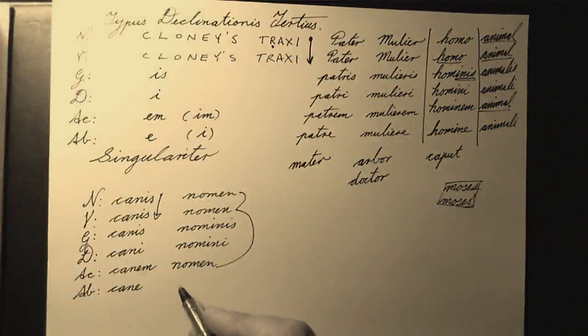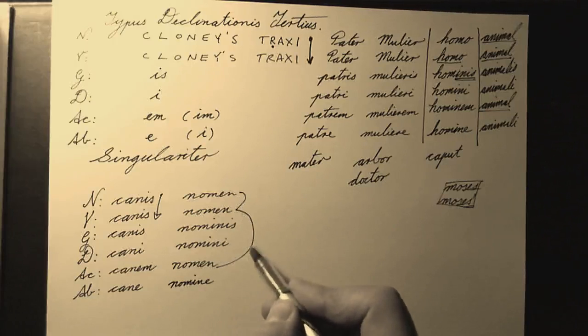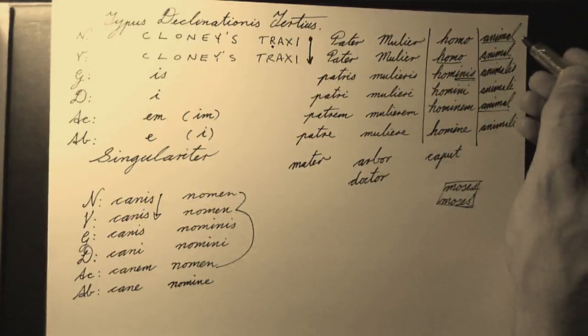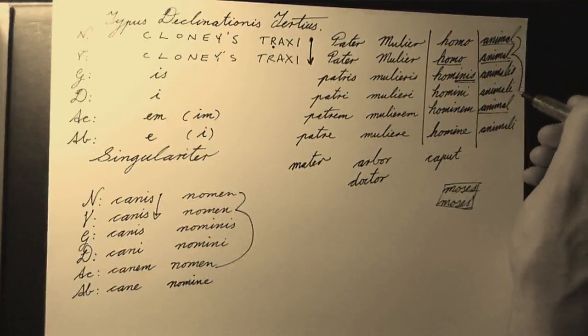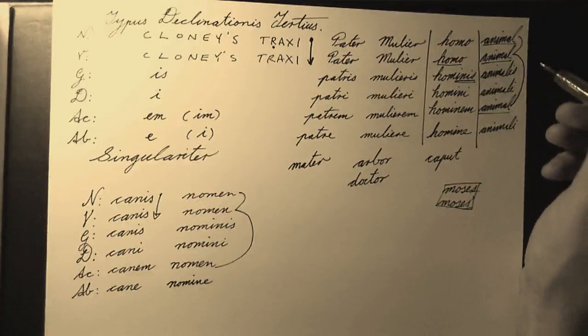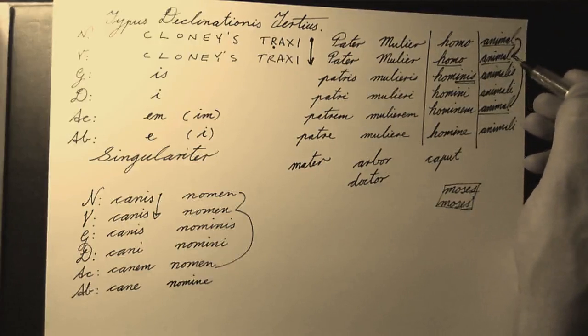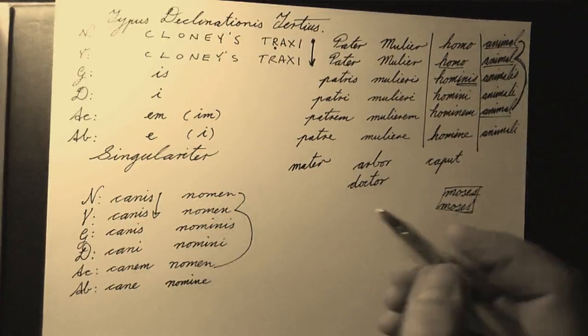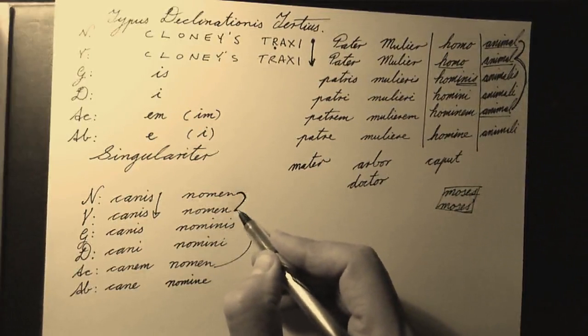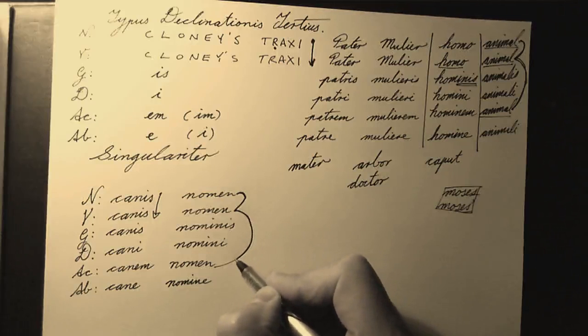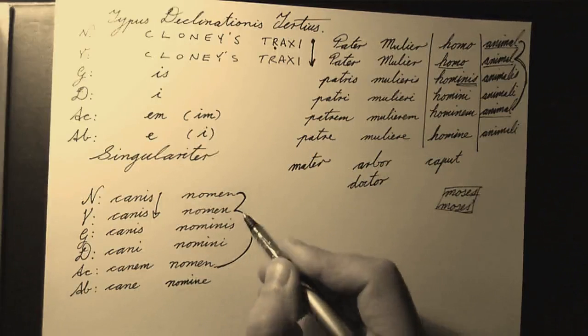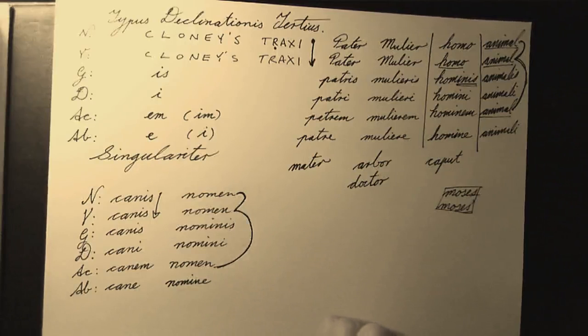And the ablative, nomine. And this, of course, is neuter, and so we have the neuter here, 1, 2, the big 3. Now remember there are three in common, and we can draw a big 3, showing us that 1, 2, 3 endings are the same.